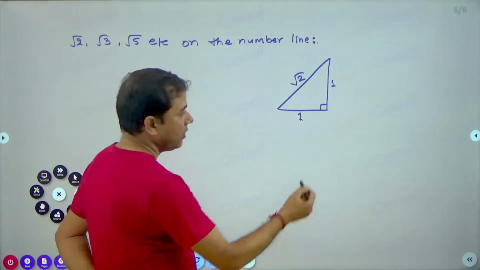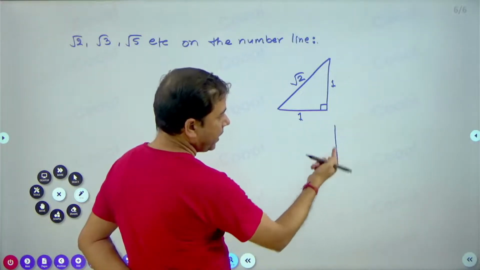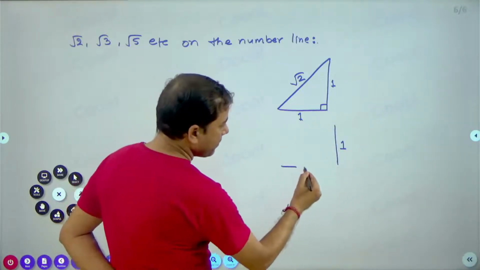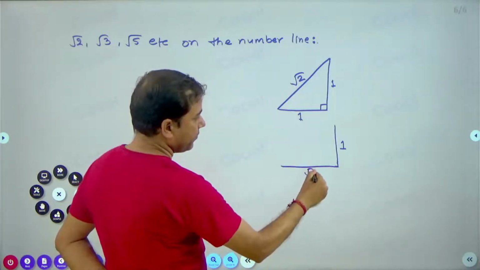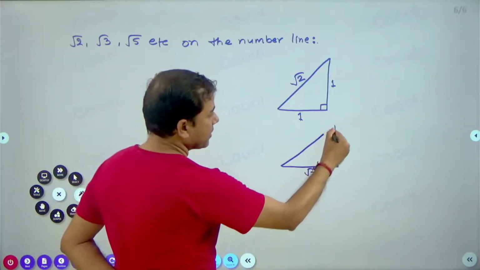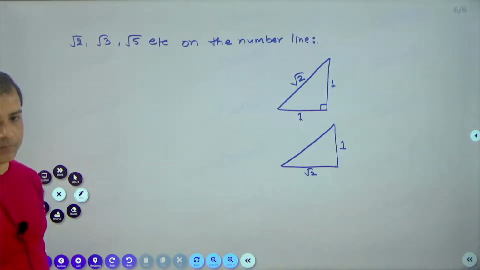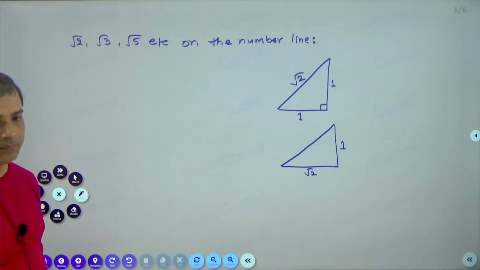Now think of another right triangle where height is still 1 unit, but the base is root 2 unit. Now guess how long is the hypotenuse? No, check it.